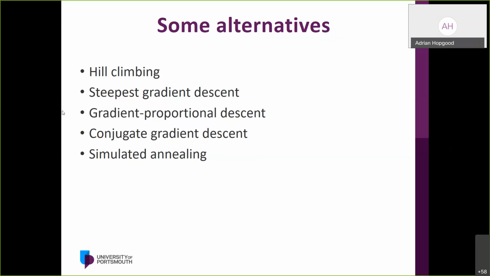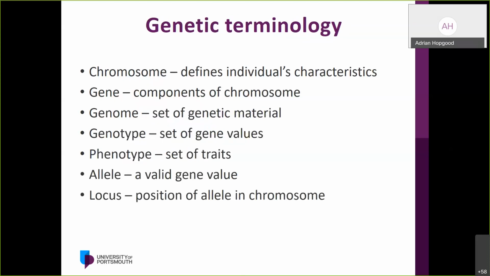Right, so those other techniques are all based on having a single best guess so far and trying to improve upon it, whereas genetic algorithms are distinct in maintaining a population of candidate solutions. So let's just briefly introduce some terminology of genetic algorithms.